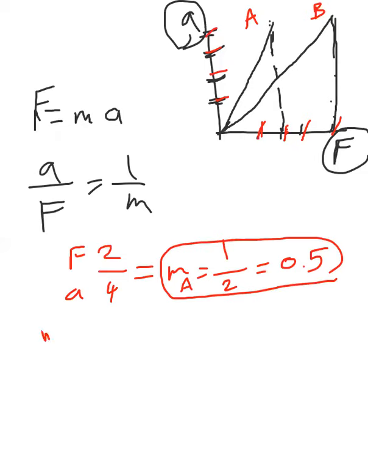Mass B equals 4 units of force and 4 units of acceleration, so 4 over 4 equals 1.